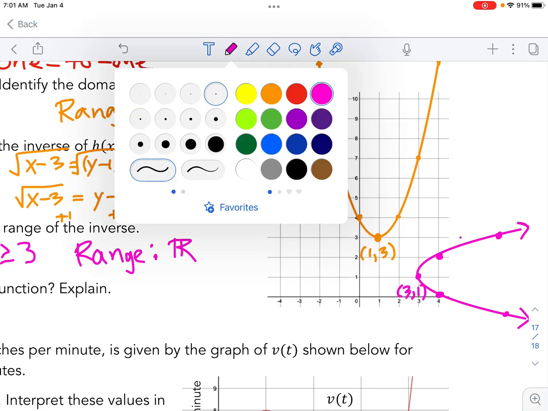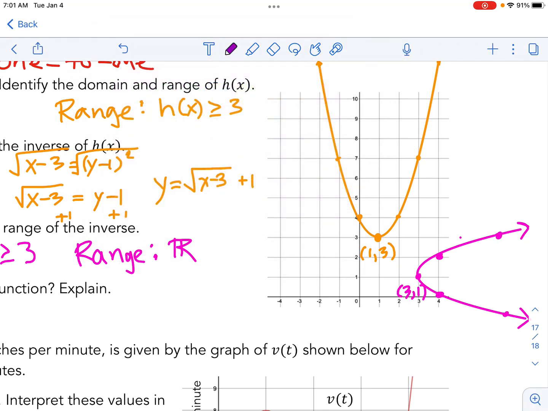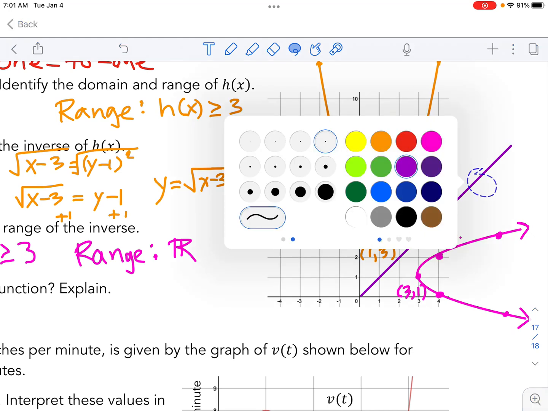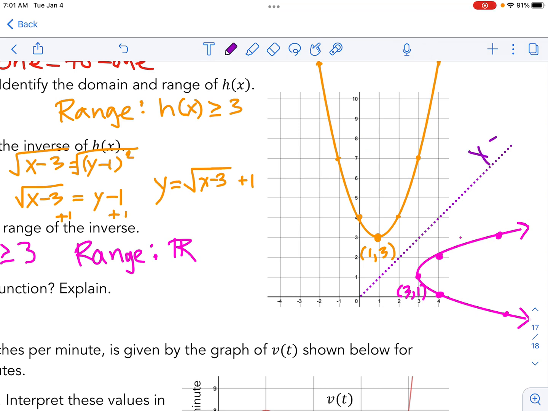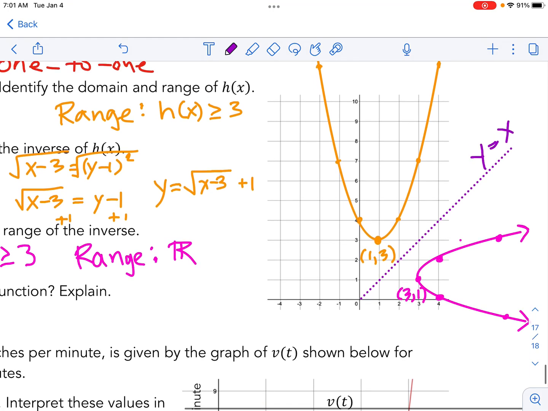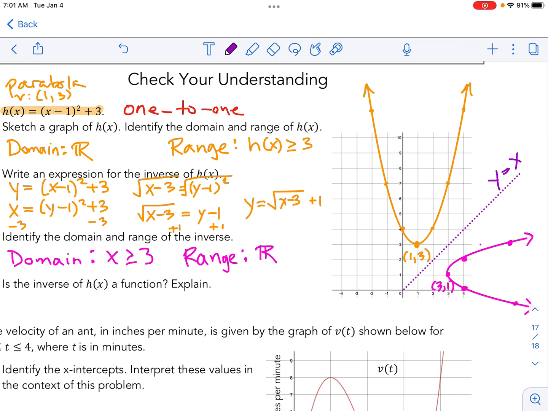Okay, and that is what I use purple. Here's the line y equals x. Right, here's that line of reflection. Oof, my handwriting is getting so sloppy. Let's try that again. y equals x. There we go. So notice that's the inverse, but we don't typically, we found the inverse here, right?